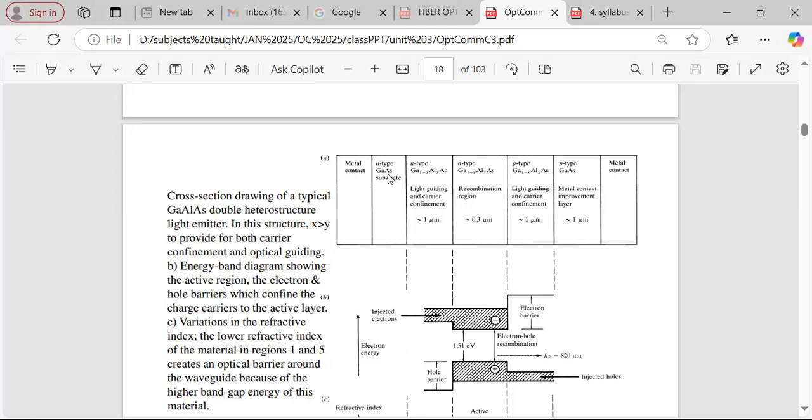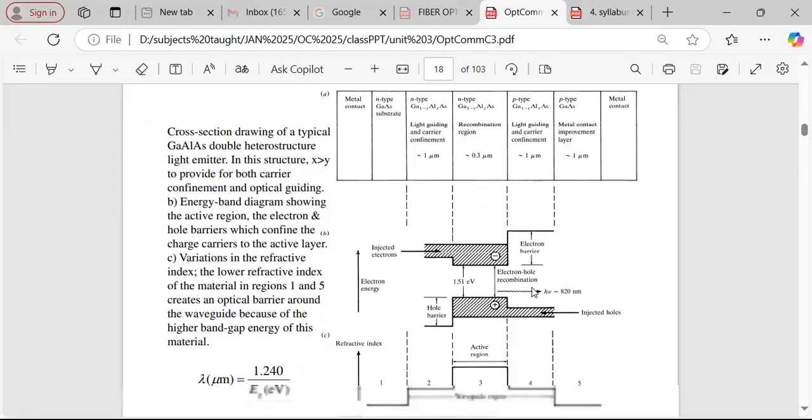We have used gallium arsenide as the base substrate, then gallium aluminum arsenide for a different purpose, and one more different fraction of this as the recombination region. This is the heterogeneous structure of the LED.